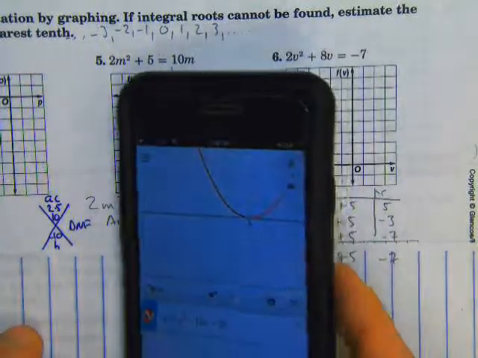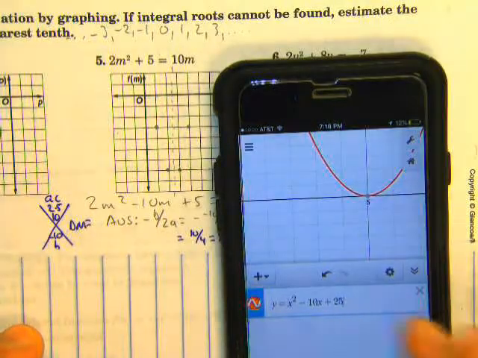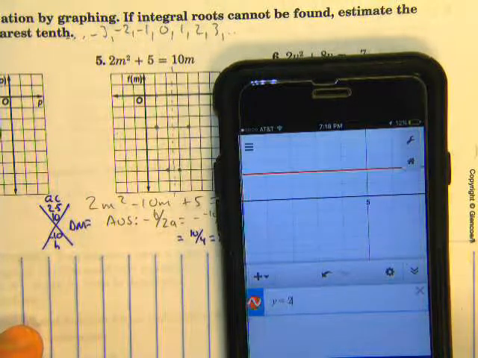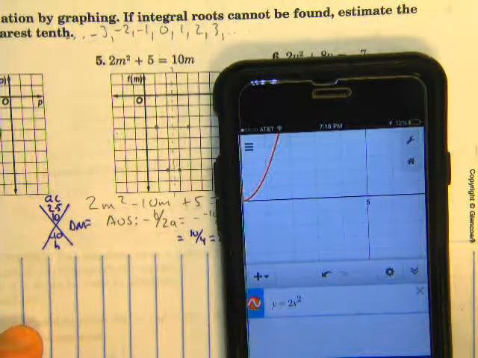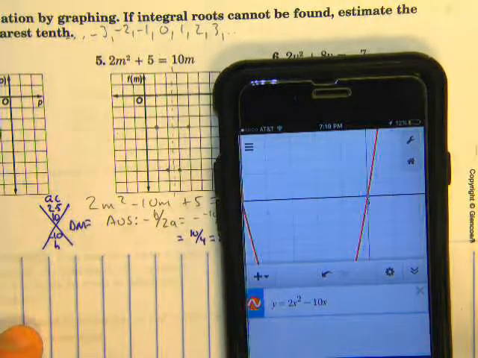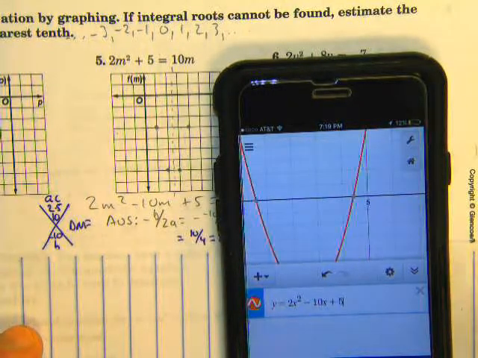So what do we got here? 2x squared minus 10x plus 5.